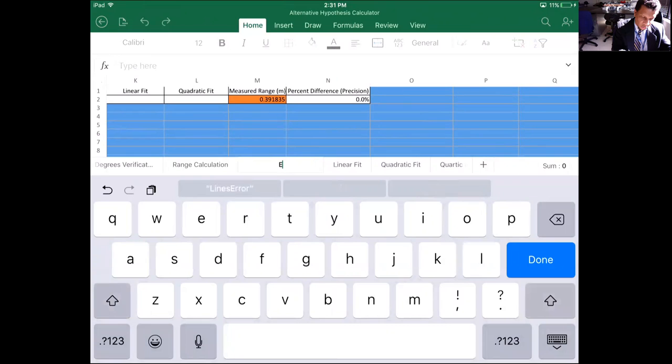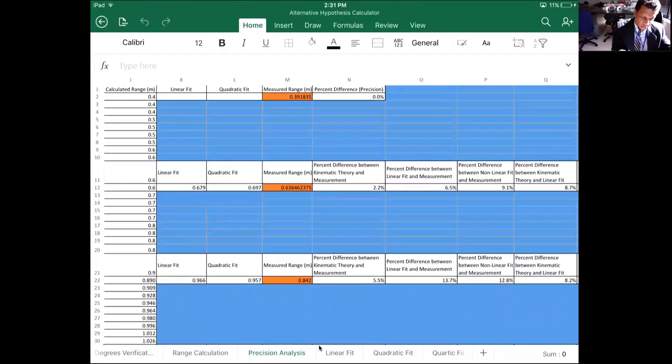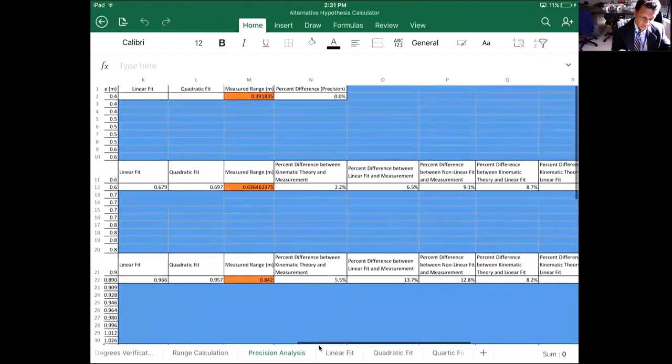How about precision analysis? I think that looks a lot better.